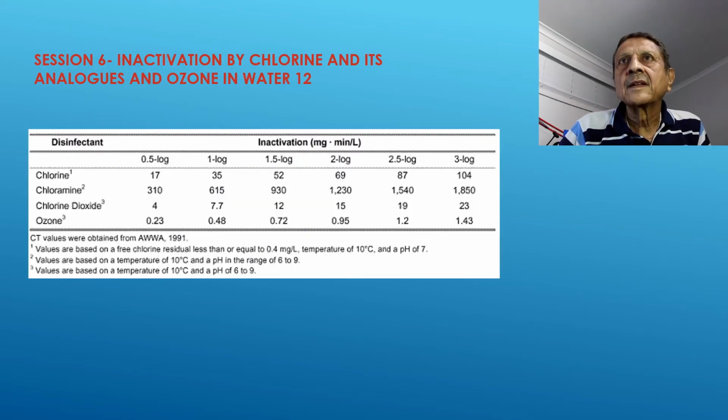The chart in this slide gives the relative kill rate of bacteria between three chlorine compounds and ozone. When I talk about kill rate, it can also be called an inactivation. You find that the three chlorine compounds include chlorine, chloramine, and chlorine dioxide.